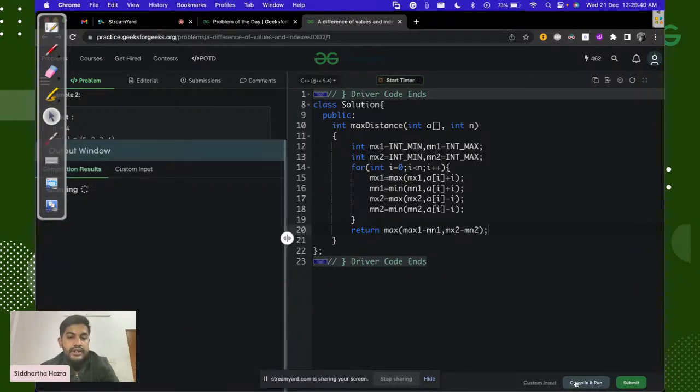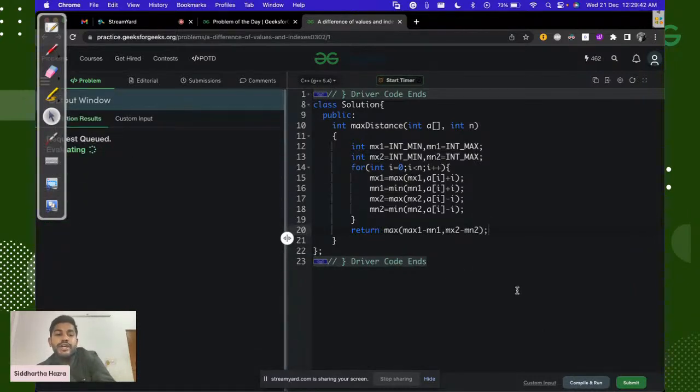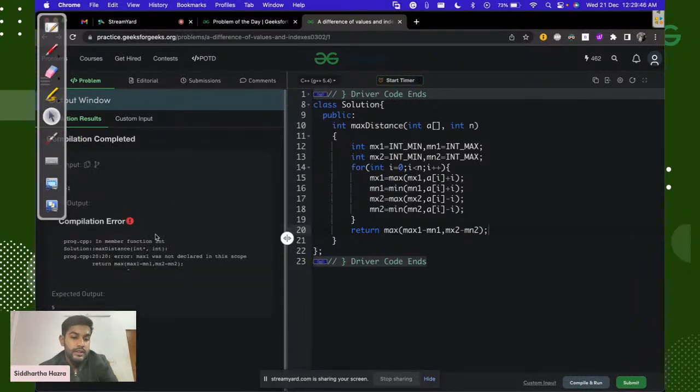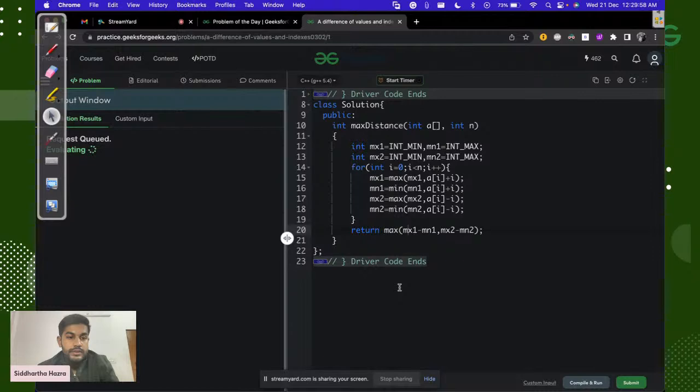Now let us just compare and see how many errors we are making. Okay, just wrote max at this point. I think we are good to go.